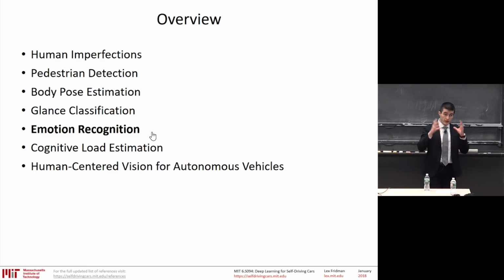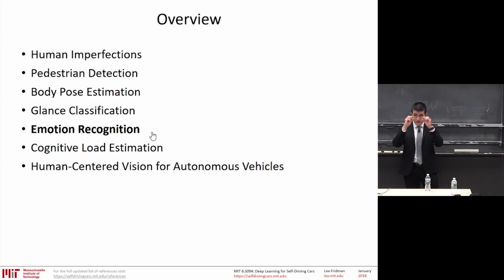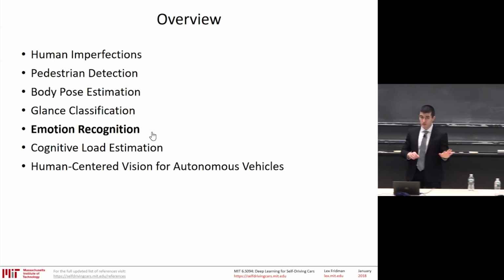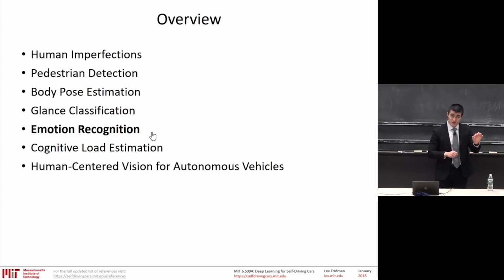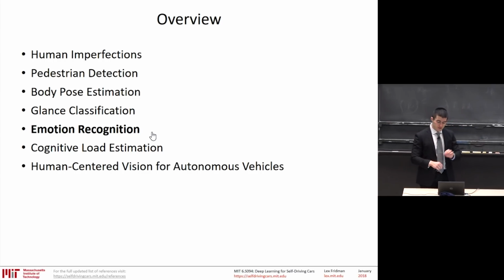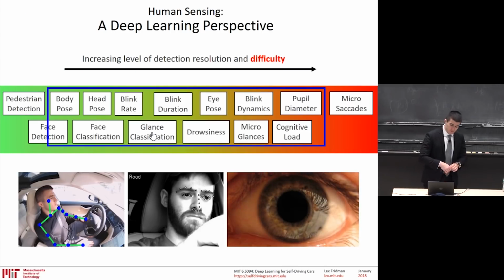Gaze estimation is doing head pose estimation, so the geometric orientation of the head, combining the orientation of the eyes, and using that combined information to determine where the person is looking. We convert that into a classification problem. So the standard gaze estimation definition is not a machine learning problem. Glance classification is a machine learning problem. This transformation is key.